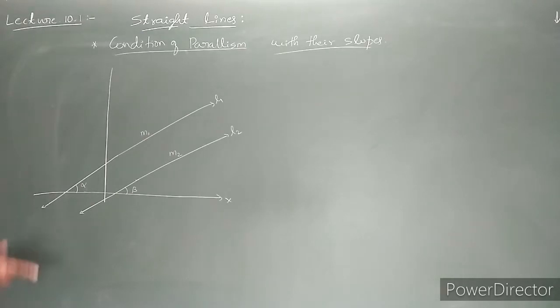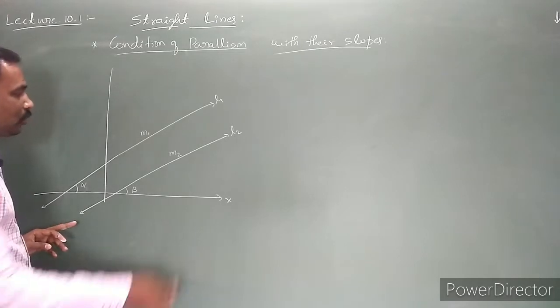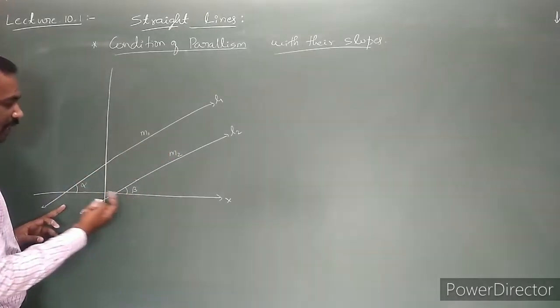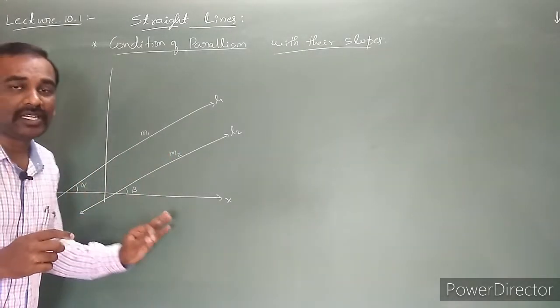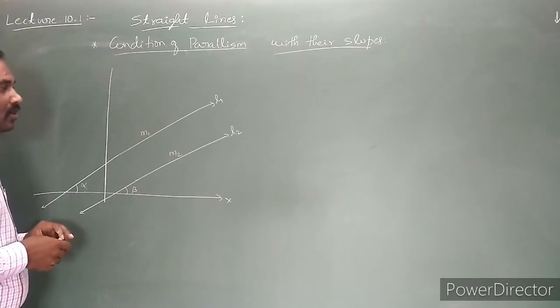L1 is making an angle alpha and L2 is making an angle beta with the positive direction of the x-axis. L1 and L2 make angles alpha and beta respectively with the positive direction of the x-axis.